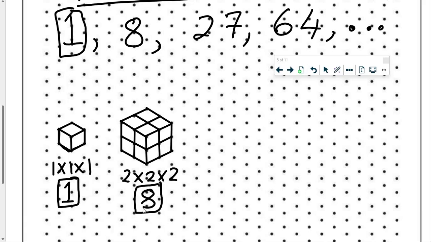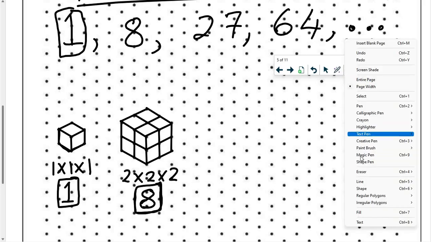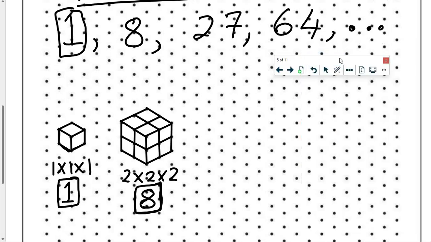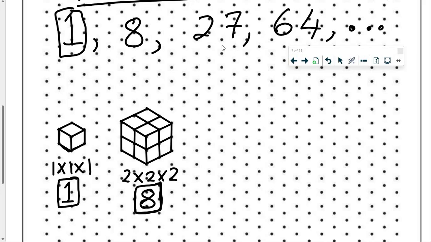Meaning, if you count on this big cube, you will have 8 smaller cubes: 1, 2, 3, 4, 5, 6, 7, 8 cubes. How about the next cube number, which is 27? This 27 was obtained by taking 3 into 3 into 3.